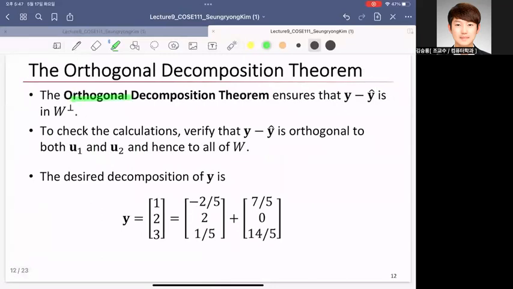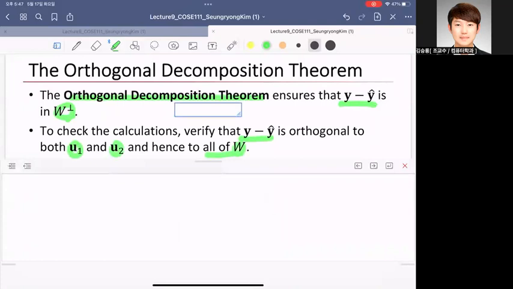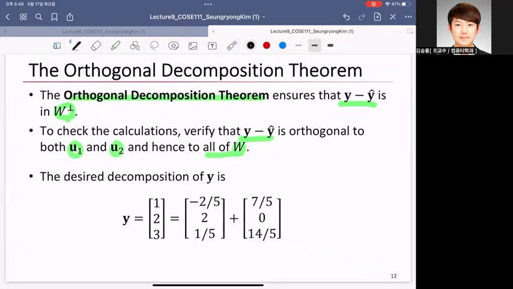The orthogonal decomposition theorem ensures that y minus y hat is in the orthogonal complement of the subspace W. To check the calculation, verify that y minus y hat is orthogonal to both u1 and u2, the basis of W. So you can easily compute whether the result is correct.